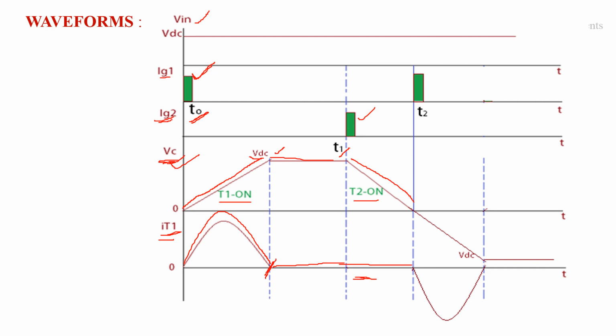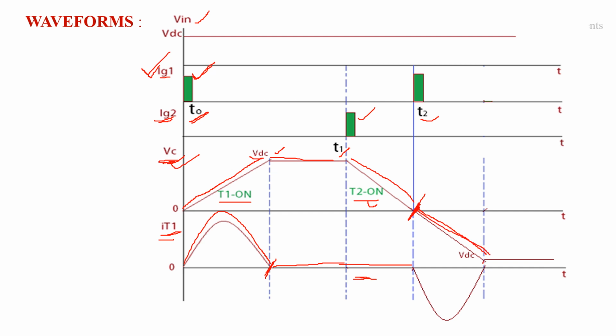so the current flowing through thyristor T1 is 0. After complete discharging of the capacitor, thyristor T2 comes into off state. Again at time t equal to T2, we are going to apply the gating pulse to thyristor T1. Again due to the application of the gating pulse to thyristor T1, the capacitor starts charging in opposite direction, means the voltage across the capacitor increases in opposite direction.